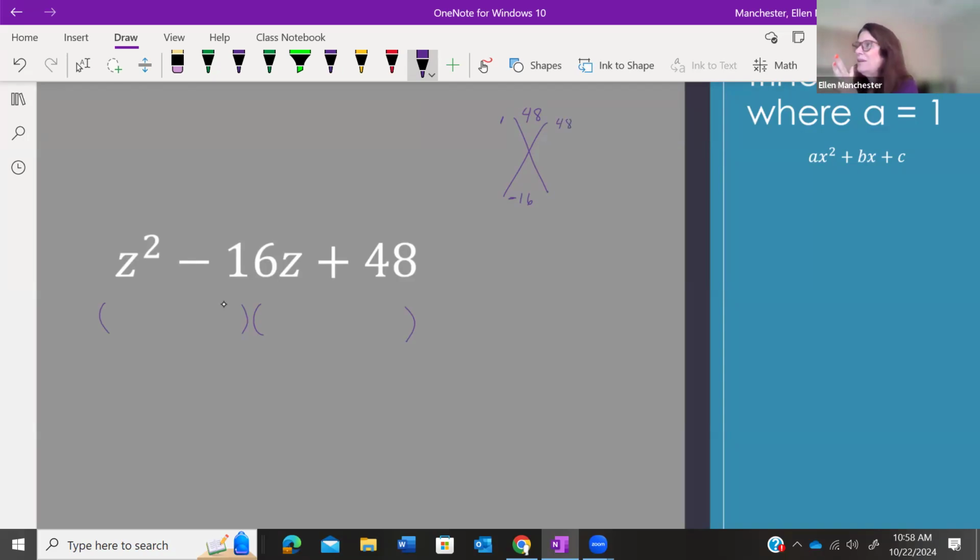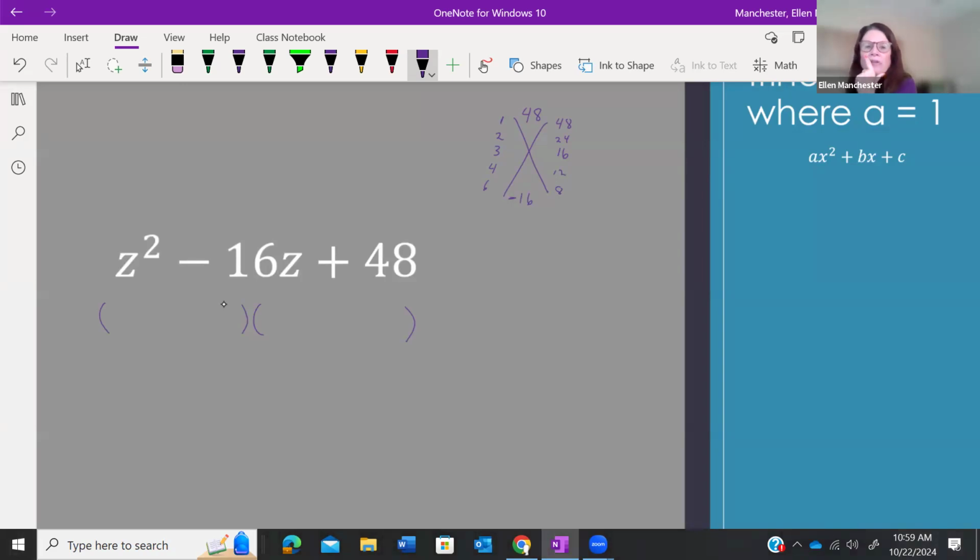And what's nice about this is the more you do this, the more comfortable you get with all the factors. You don't have to write every single factor. So 3 times 16, 4 times 12, 6 times 8, and that's all there is.